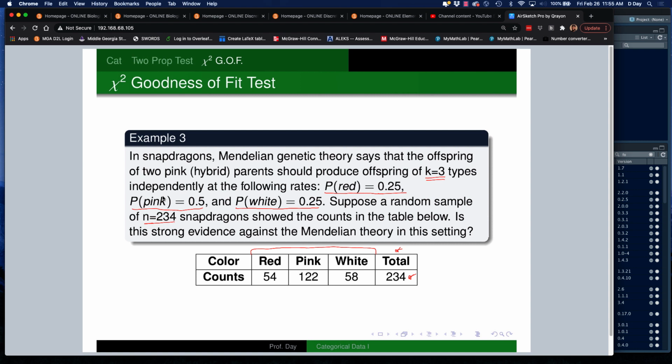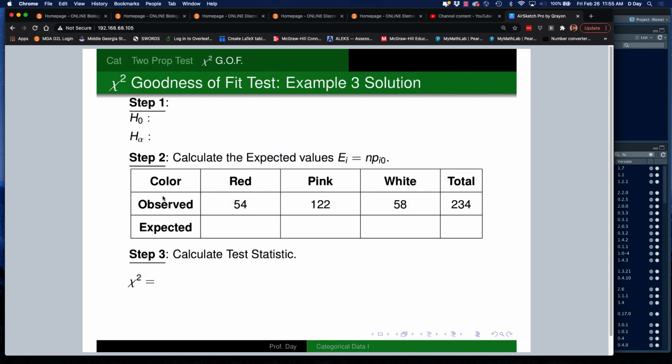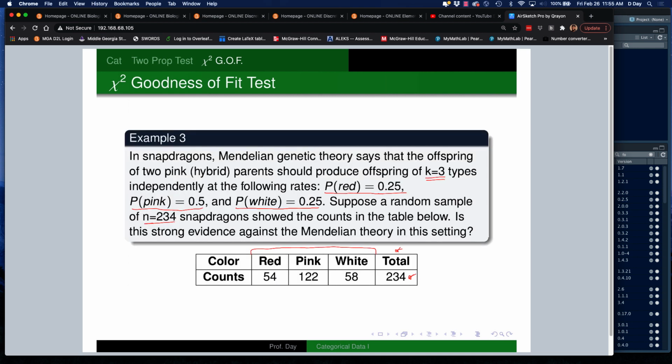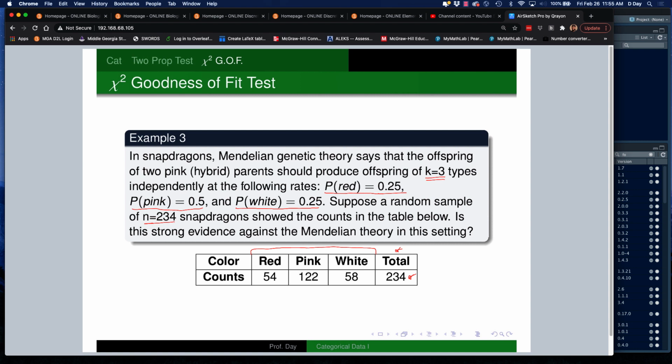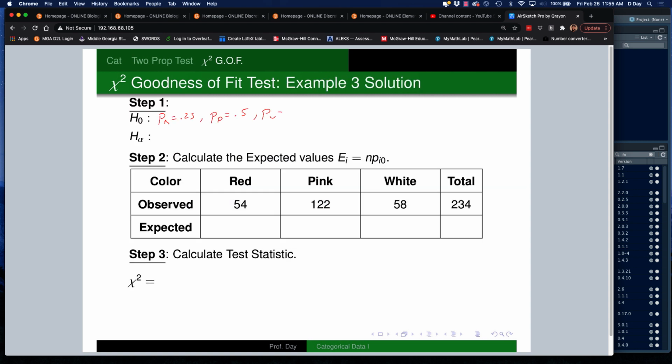Okay, so let's get into this a little bit and do one of these by hand, and we'll play with the formulas a little bit. So the null hypothesis here is just us restating those probabilities we saw in the problem. So the probability of red is equal to 0.25, the probability of pink is equal to 0.5, is that correct? Yes. And then the probability of a white flower is equal to 0.25 as well.